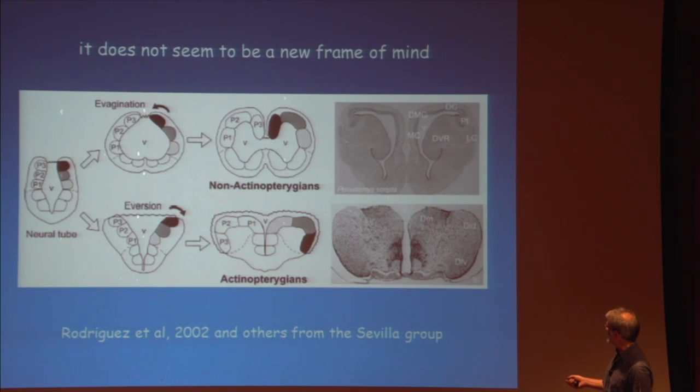But this group in Spain managed to construct an experiment in which they motivate fish to get out of a certain region of the pool, and they can show that if you lesion this part of the fish forebrain, they have problems remembering where the escape route is from that portion of the pool.